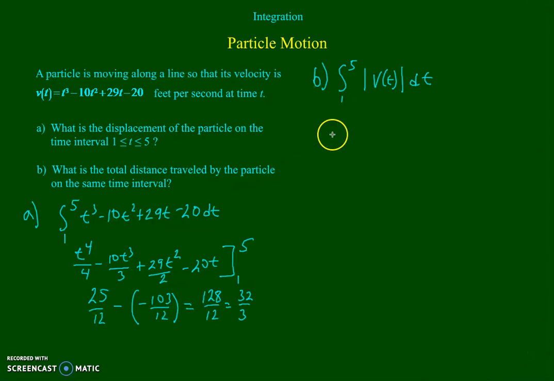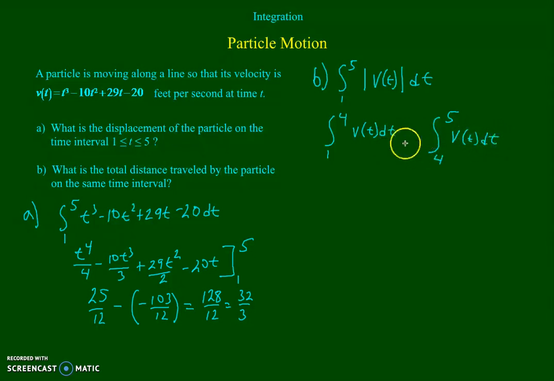So using our zeros, we know that we're going to have an integral from 1 to 4 of the velocity function. And we're going to have another integral from 4 to 5 of the velocity function.